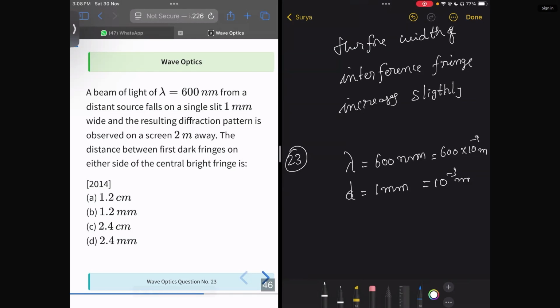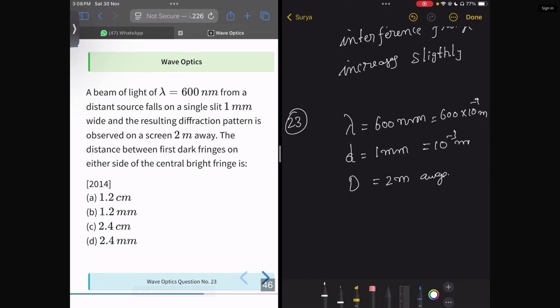The resulting diffraction pattern is observed on a screen D is equal to 2 meter away. The distance between the first dark fringes on either side of the central bright fringe will be.